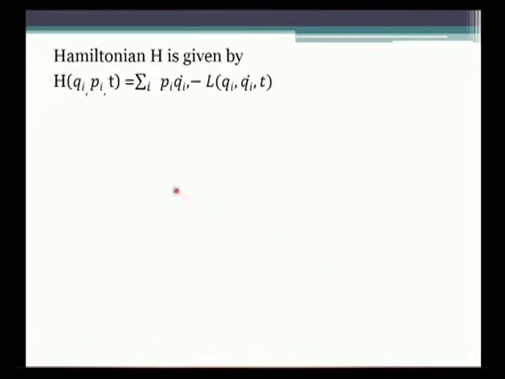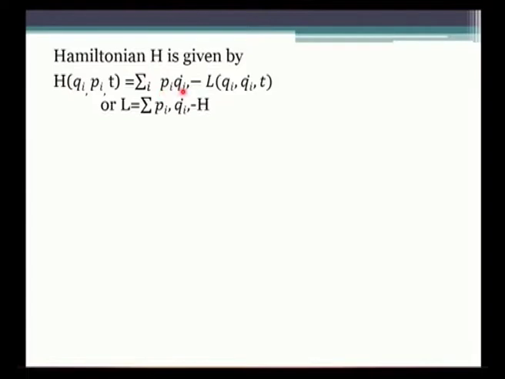But the relation between Lagrangian and Hamiltonian H is given by H(qi, pi, t) is equal to the summation over i of pi q dot i minus L(qi, q dot i, t).